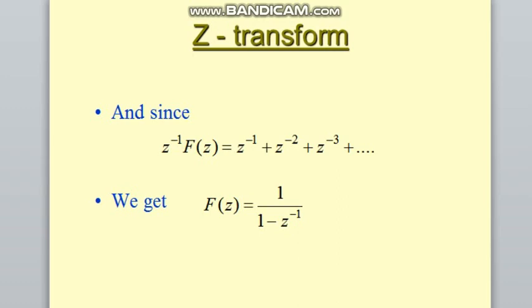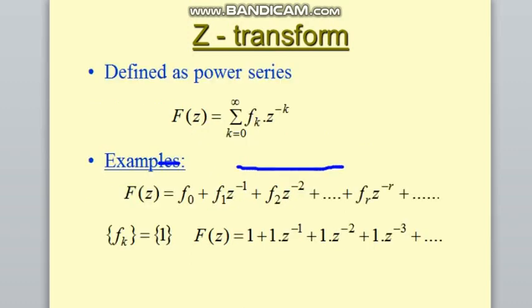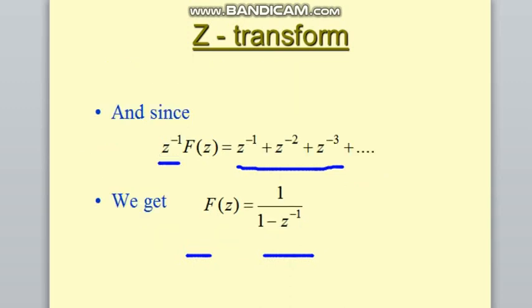Now, since we have seen the power series of the Z transform, just multiply the equation on both sides by z inverse, and you can find this. When you multiply by z inverse, you get z to the minus 1, z to the minus 2, z to the minus 3, and so on.